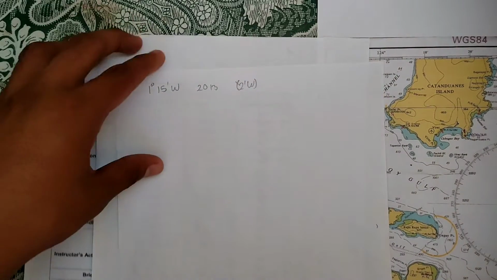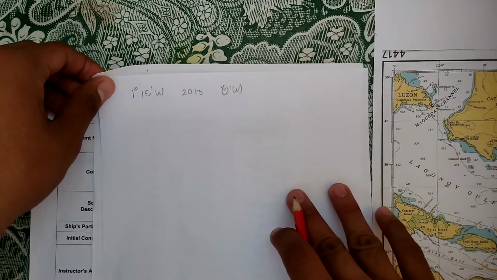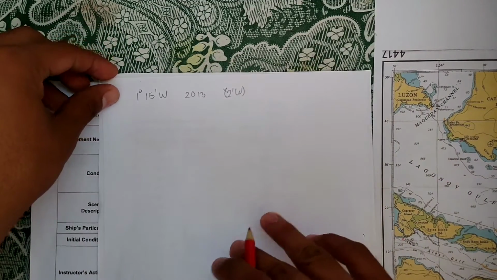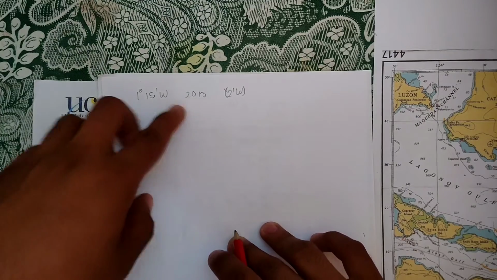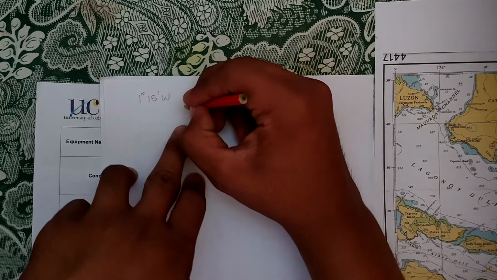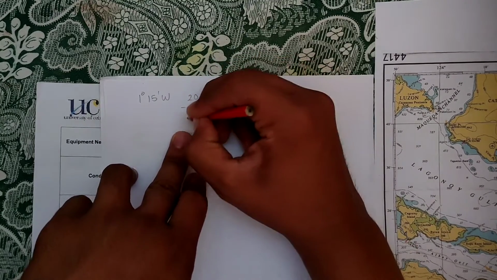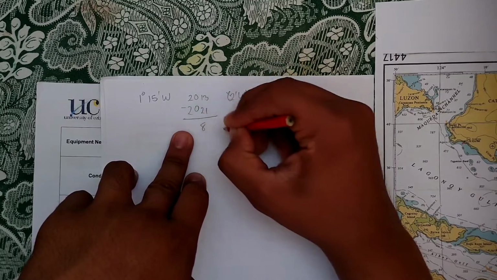So in order to update the variation, we will subtract the 2013 year to our current year, which is 2021. So 2013 subtracted to 2021, we will get 8 years.